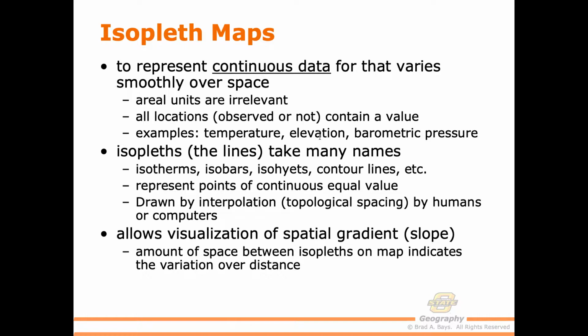Since every point on that water body has a temperature or something, exactly, that would be a good way to do it. So anything that's fluid, like air is gaseous but it's a fluid. Anything that's fluid and changes a lot is often mapped with something called an isopleth map. Good. Other examples.